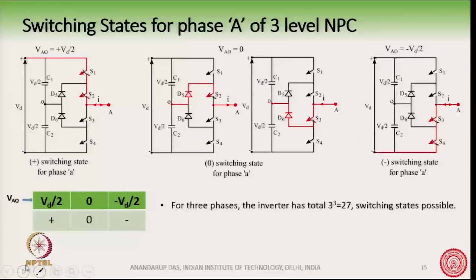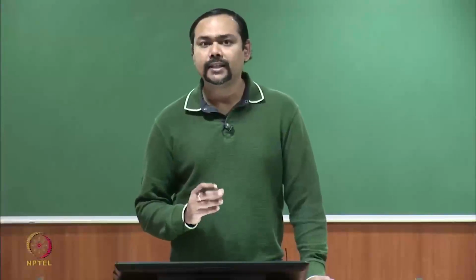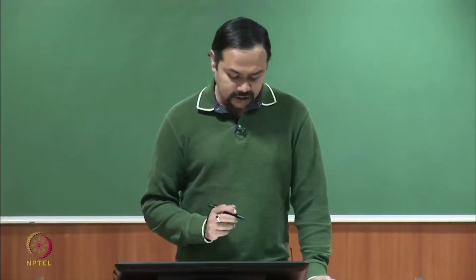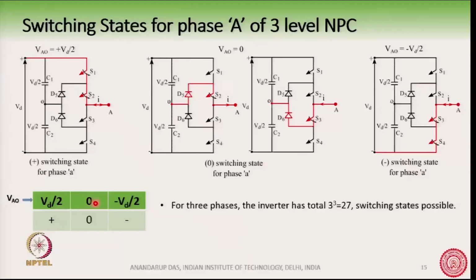First, we will see that in the case of a 3-level neutral point clamped converter, the pole voltage has 3 possibilities of voltage, not 3 switching states. The pole voltage has 3 possible levels of output voltage. It can be Vd by 2, it can be 0 or minus Vd by 2.